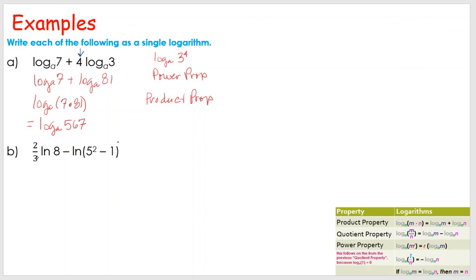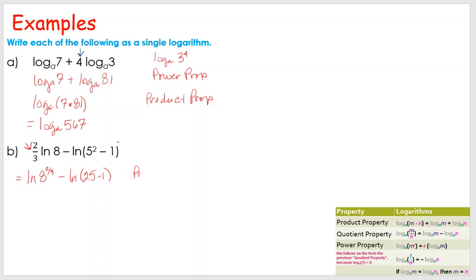So let's look at B. On this one, there again, this 2/3 is a power, so I'm going to have to move that over, and that's a natural log, and I'm just going to write this up here, 2 to the 3rd minus, I got a natural log, 5 squared is 25 minus 1.